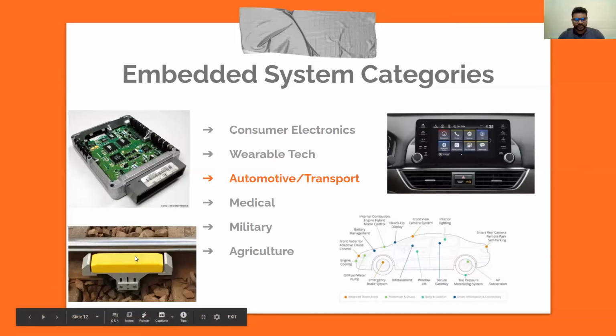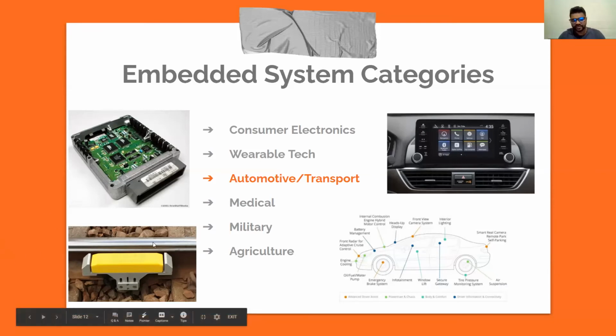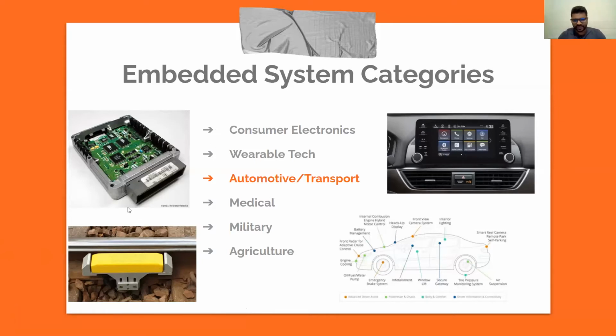This particular thing is an induction based wheel sensor. So when a train passes this, it can detect the direction, whether there's any train presence, and also the speed of the train. And from this information, it provides a signal so that the railway crossings can operate.